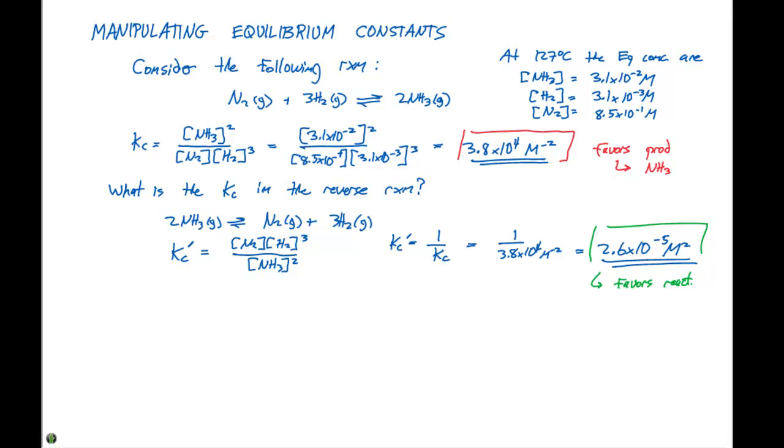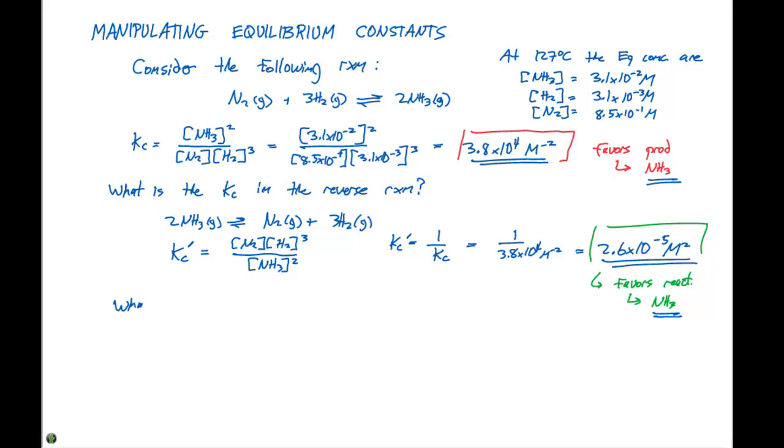The reactant in this particular expression is also going to be NH3. So regardless of which K we look at, it's basically telling us that NH3 is going to be favored in this particular reaction.